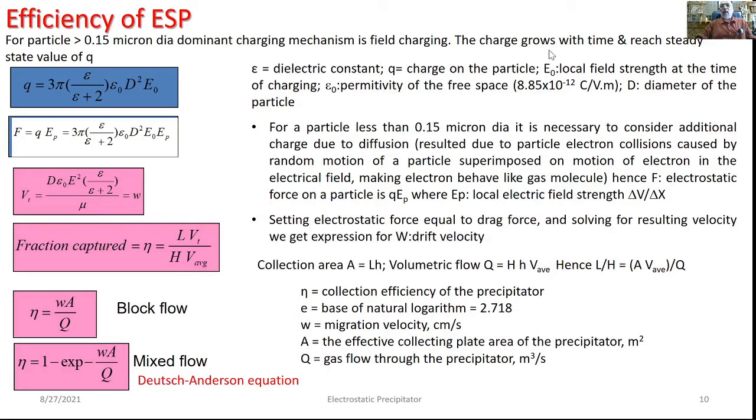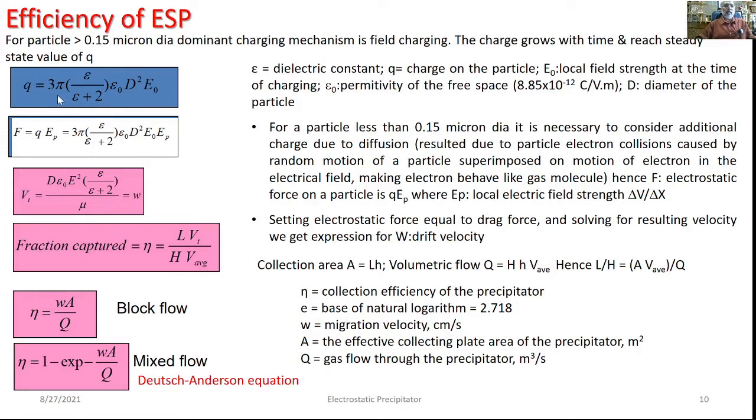However, after attaining field charging, the particle reaches a certain steady state value, which is expressed as Q.